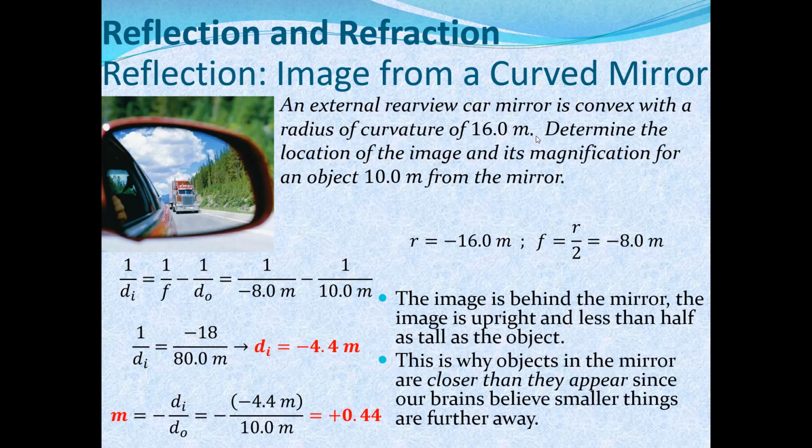Even though we know from experience that objects are just smaller because that's the way the mirror is, it still doesn't change the fact that our brains will sometimes misjudge lengths and distances based off of the small image of the truck and the large image of the car that's also within that frame.